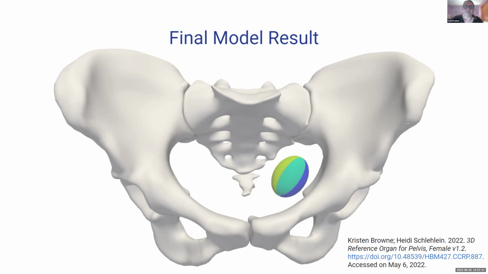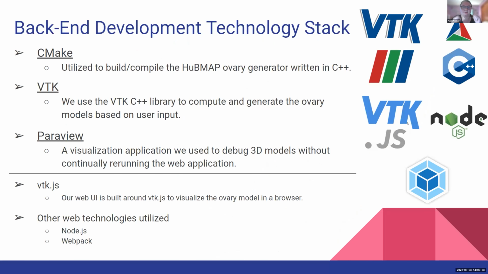But let's see. So moving on to the actual meat of the project that I worked on. This is the tech stack. It's basically just the makeup of the different softwares that we used over the course of the project. Here, you just mainly have to think about CMake, VTK, and ParaView.